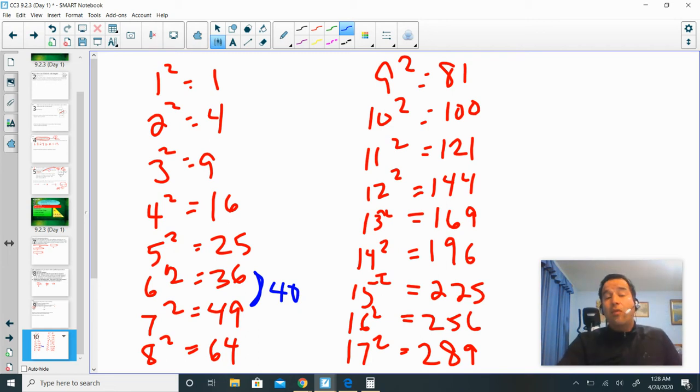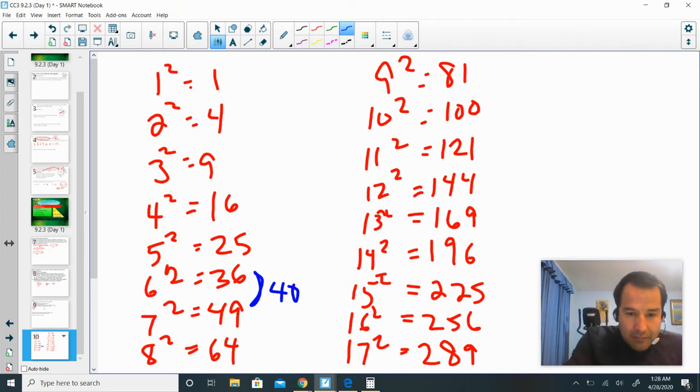Now, guys, before our wonderful calculators with square root buttons, this is the way people had to find square roots. They either had to memorize square roots, which is crazy, or they had to do kind of a guess and check process. So they said, hey, the square root of 40, it's between 6 and 7. So let's find out. Is it closer to 6 or 7?